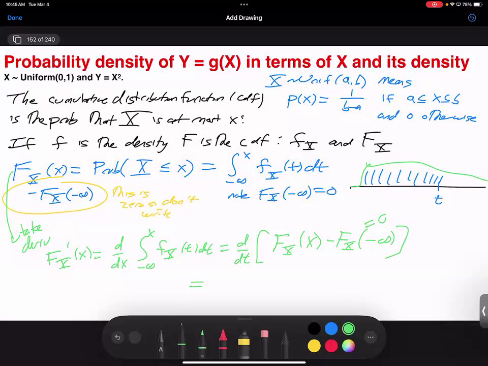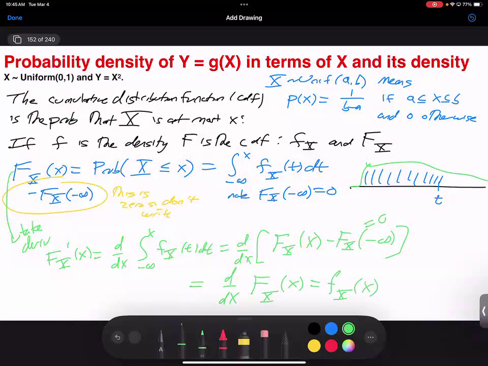So this is just, oops, sorry, this is an x, not a t. So this is just the derivative of the antiderivative. What's the derivative of the antiderivative? It's just our original density.